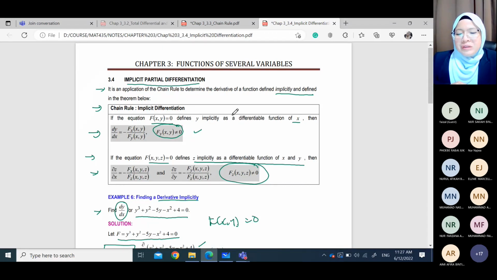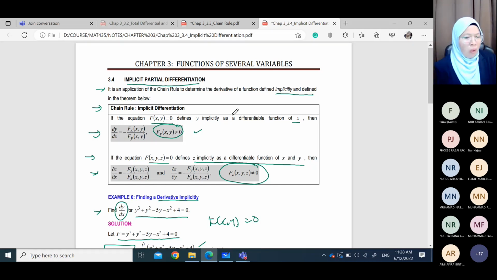Alright. So where do you apply? You can apply in the real world. You can apply in any subject involving rate of change, pertukaran bagi sesuatu kadar. So you can use this one too, apart from chain rule. Okay.